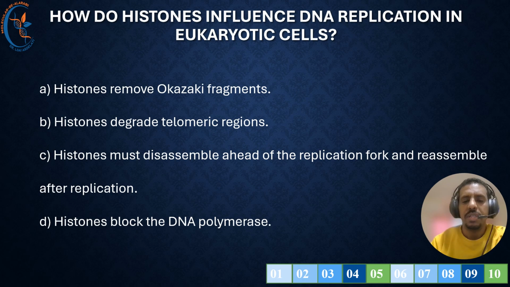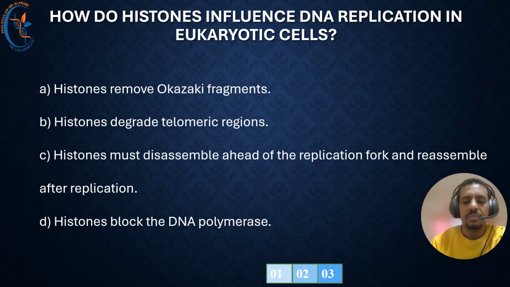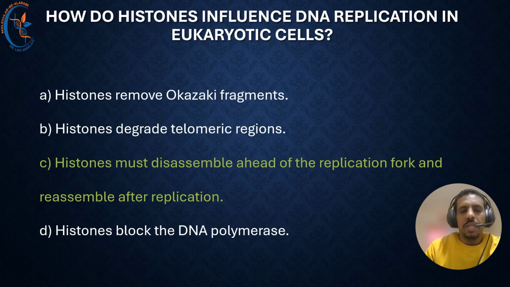Here is the question. How do histones influence DNA replication in eukaryotic cells? All right. As we know, histones are proteins that package and order the DNA into structural units called nucleosomes, right?